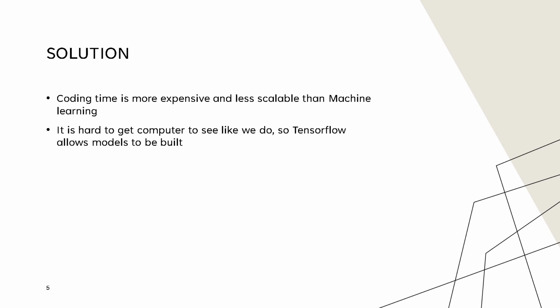And machine learning can run every day based on the input from the users. Hey, is this spam? Yes or no? And that's the example that it gives from the tutorial. TensorFlow is the solution for machine learning in a browser because all computers can only see numbers. And TensorFlow allows models to be built and used in the browser.